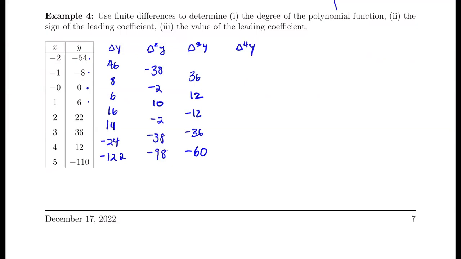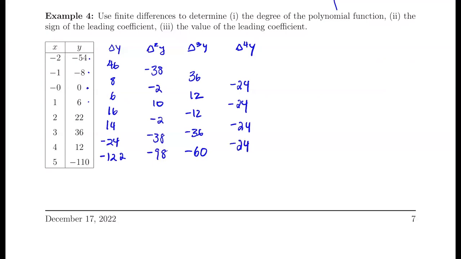So we check the fourth difference now. We take 12 minus 36, which will give you -24. -12 minus 12, which is also -24. And then -36 minus -12, which is -24 as well. And then -60 minus -36 is -24.